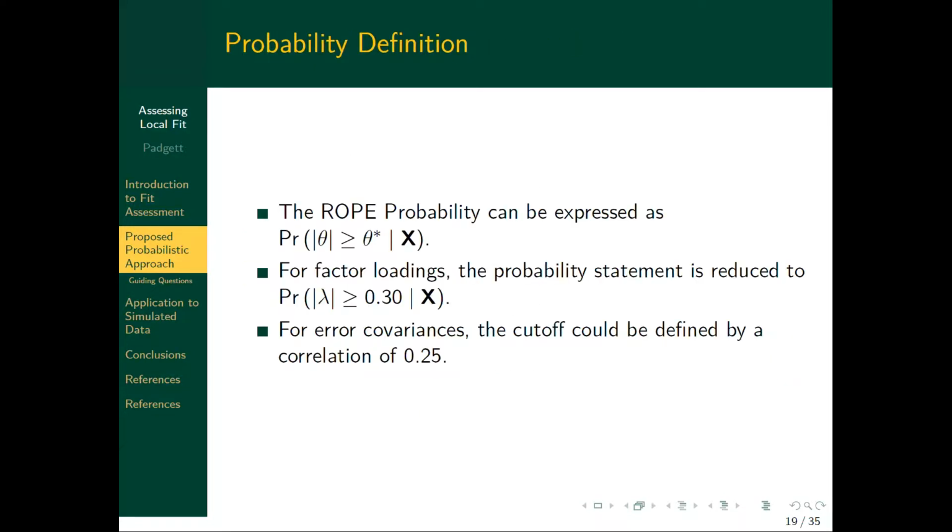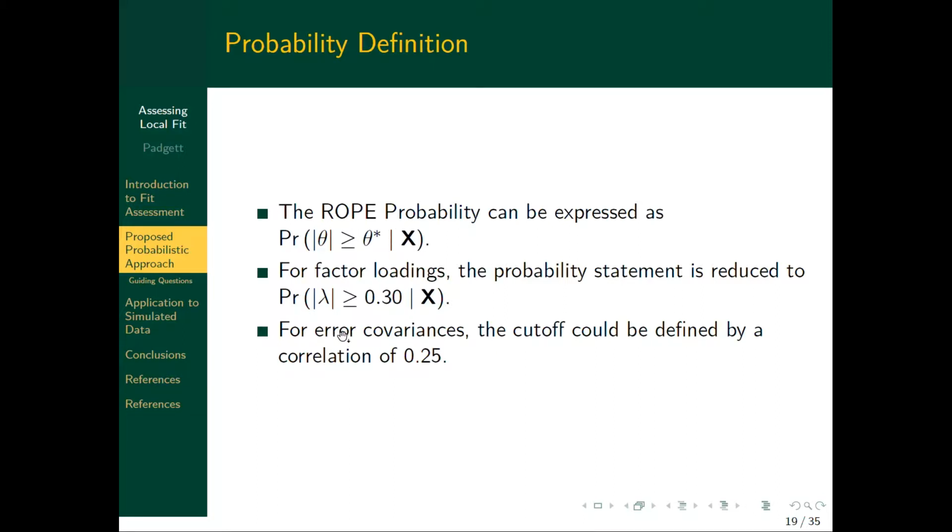And so we can express this more mathematically by this simple probability statement of what's the probability that the parameter is greater than or equal to some value given our data. And so if we're talking about loadings, we can say it's 0.3.